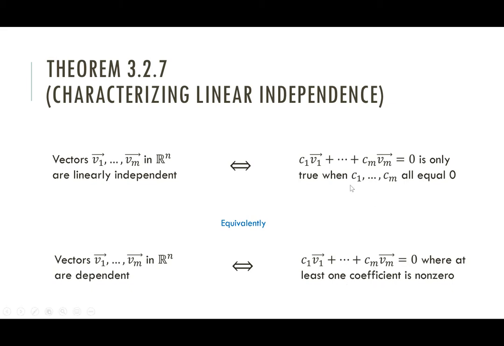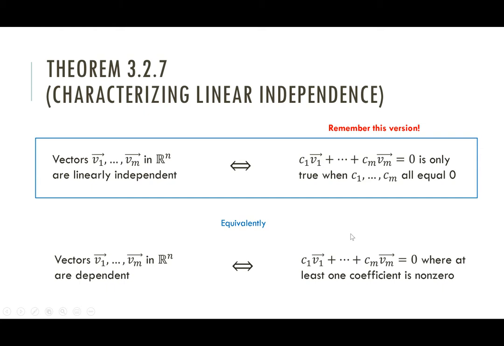So these are equivalent, but let me tell you right now, this first one is the one to remember. It's the one that gets used. We'll use it later on in the slides in a proof of another theorem.